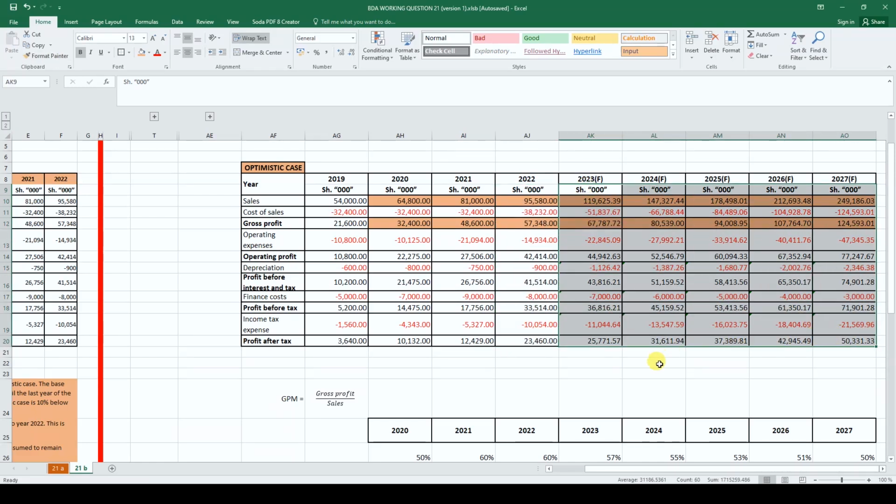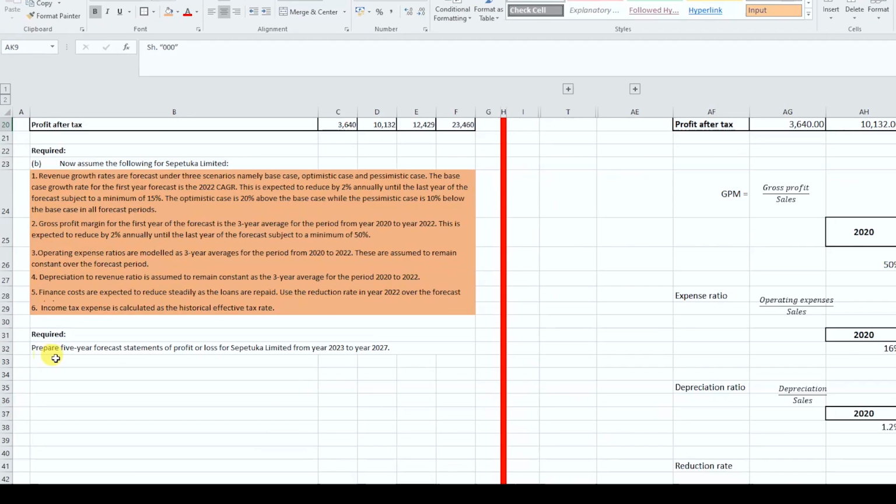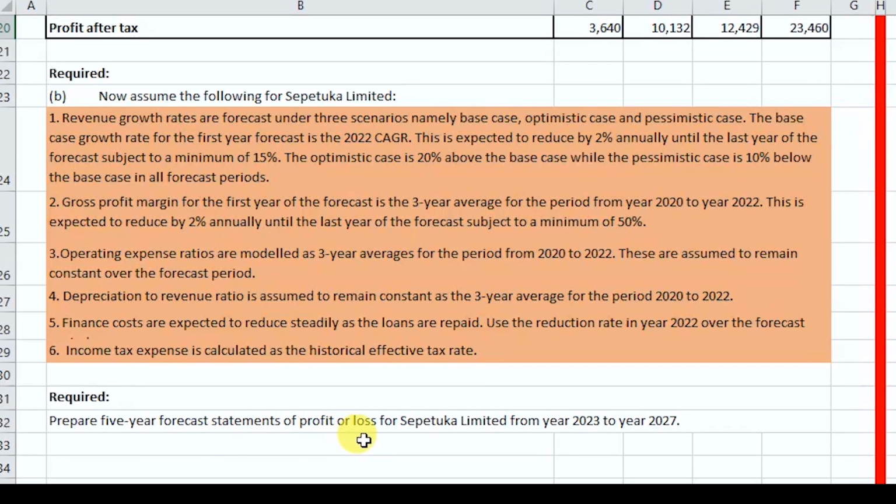You can see that we have concluded the optimistic case. So we have answered part B of the question. Prepare 5-year forecast statements for profit and loss for Sepetuka Limited from 2023 to year 2027.